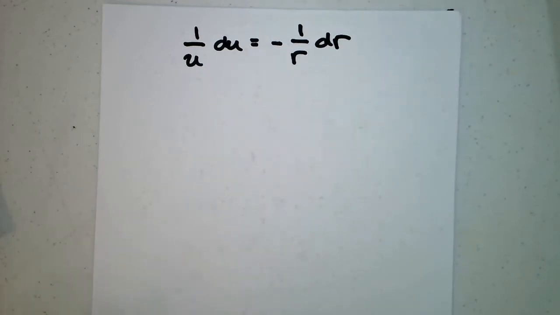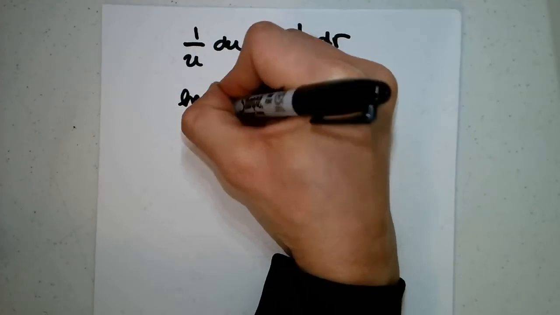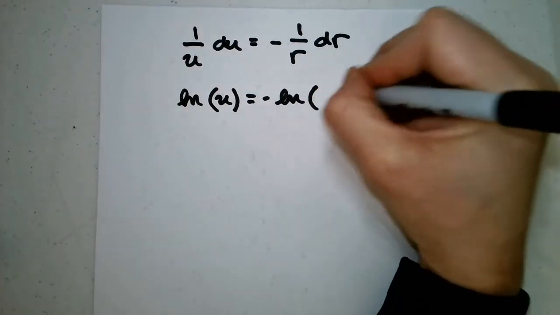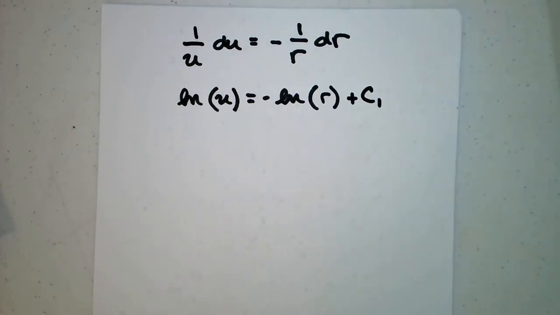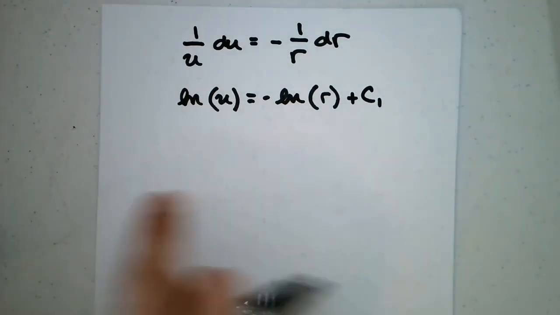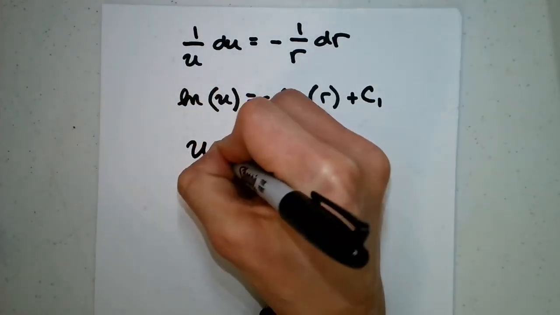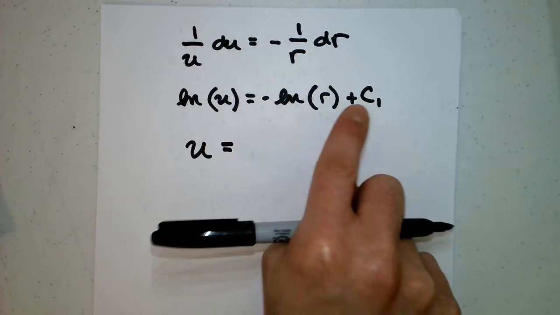We have the natural log of u equals the negative natural log of r plus c1. And we need to solve now. I'm getting a little clear here. Now we need to solve this, so we'll take the exponential of each side. e to the ln of u is just going to be u. All right, so we have e to the negative ln of r plus c1.